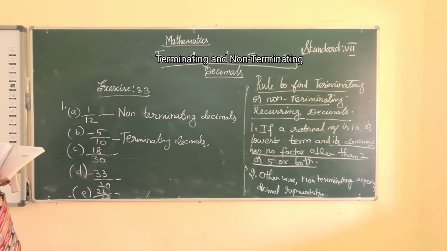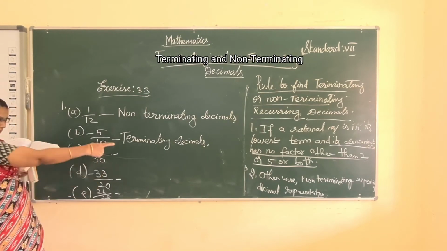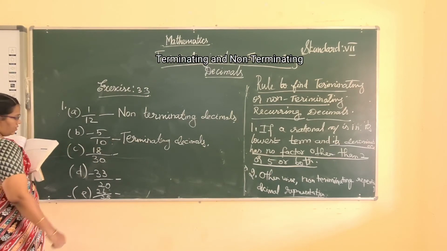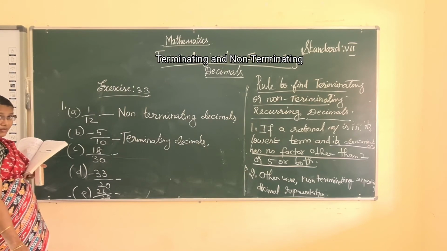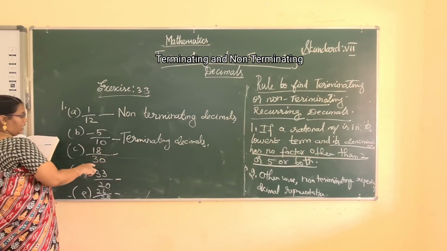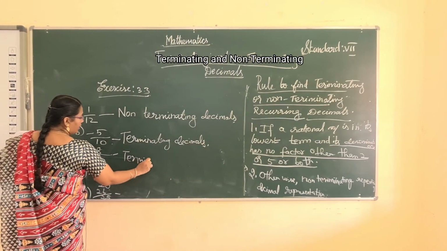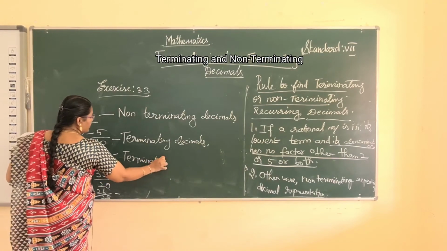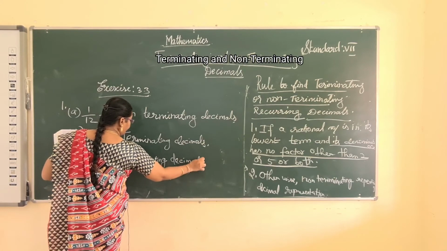Here 18 by 30. So we can write it in factors of 5, is it? 2 5s are 10 into 3. 3 is also one of the prime factors. So the prime factors 2, 3 and 5 appear here.